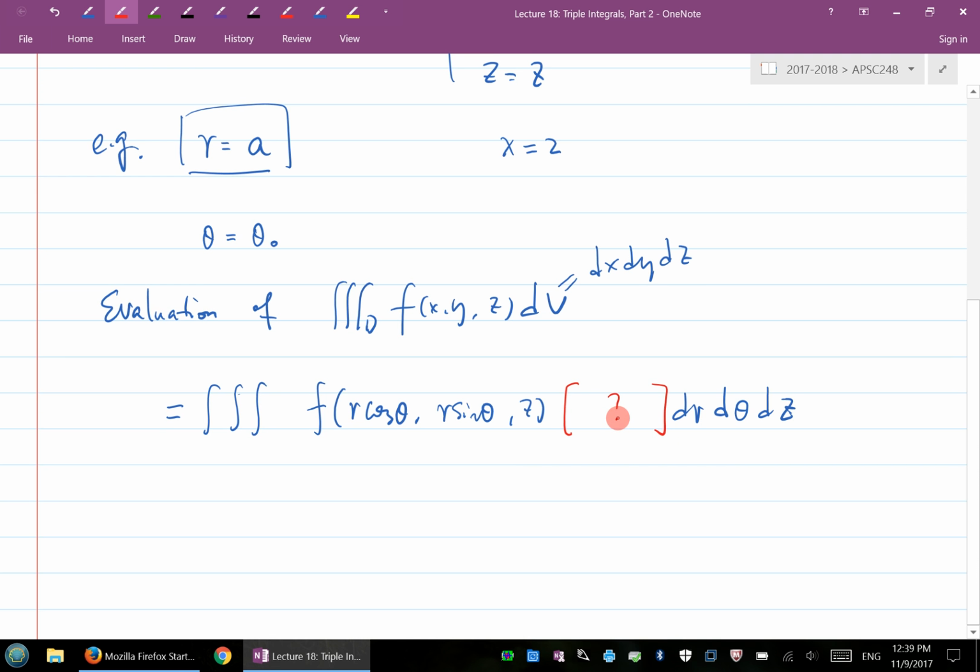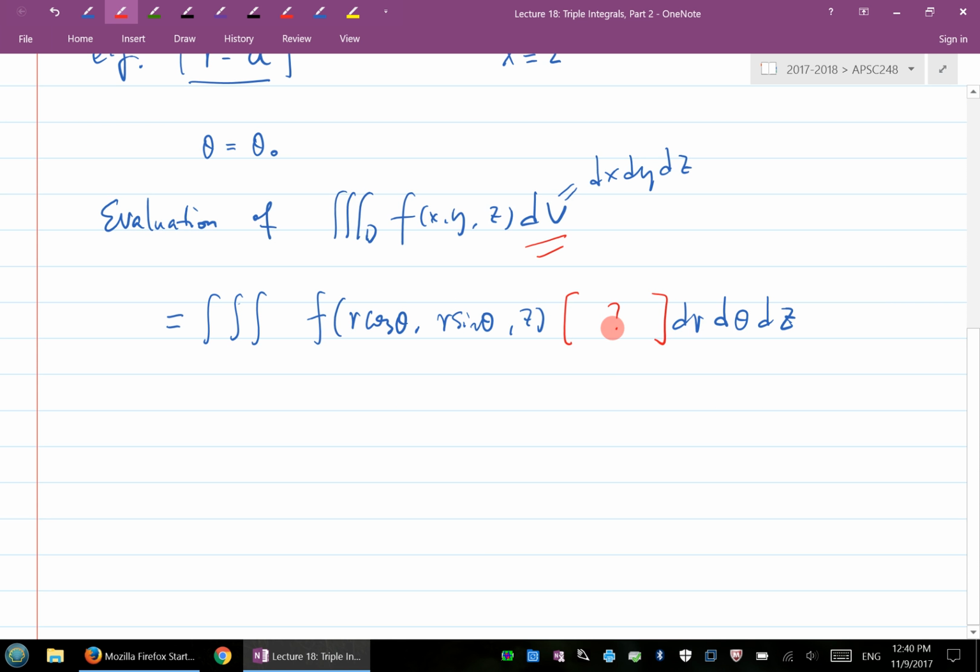We need a scaling factor here, because this is a small volume differential in the xyz coordinates. Similarly, there should be a volume differential you can construct in the r, theta, z coordinate system. So there's always a transformation or scale factor relating these two volume differentials.